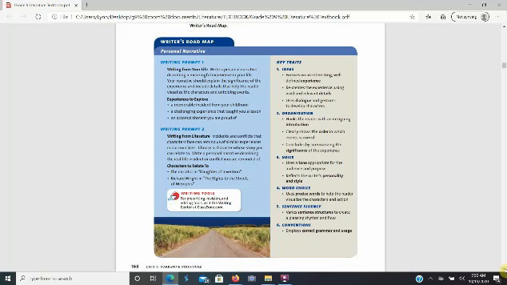Number 1, ideas. You must focus on an interesting, well-defined experience. You must recreate the experience by using vivid and relevant details. No one wants to read a bunch of boring words. You must use vivid details, okay?